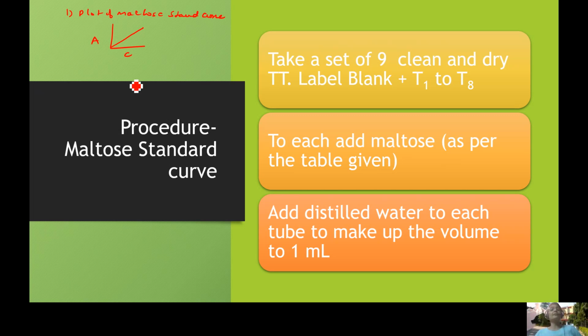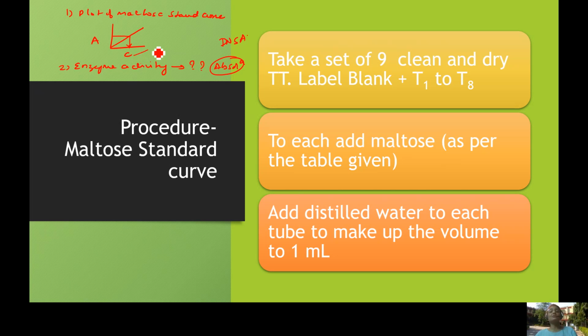Okay, so after having done that, we will do the enzyme activity. We will find out what is the absorbance of a solution where the starch has been acted upon by amylase to produce maltose, and by adding the DNSA, from the standard curve, by extrapolation, we will be able to measure the concentration of the maltose in solution.